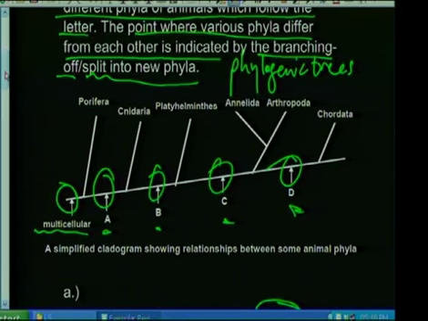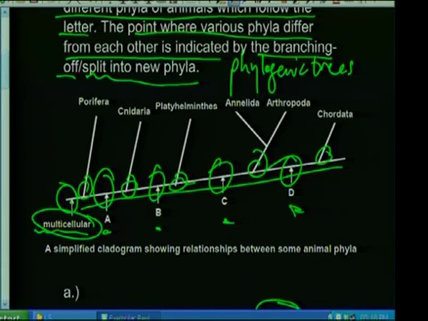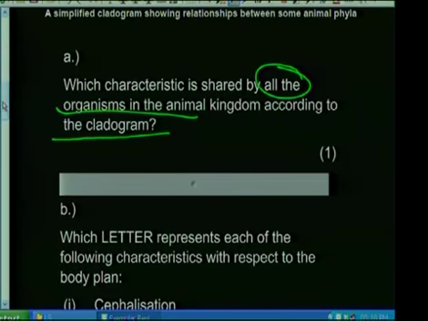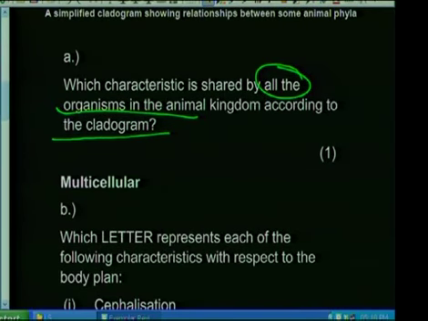Look at this word multicellular. It's there. In other words, they are all branching off from that line that says multicellular organisms running across that way there. So the characteristic that they all share is obviously multicellular. They're all multicellular. Good.